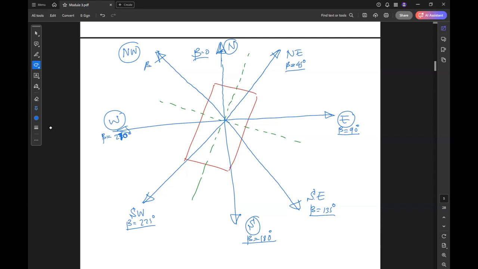And here beta equal to 350. So the blue ones are what they are called cardinal direction.